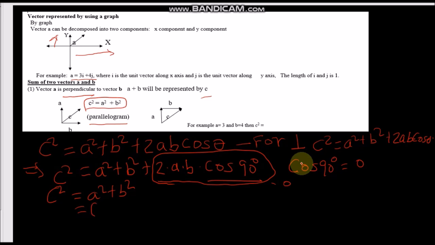A, 3 the whole square, plus the value of B, 4 the whole square, which is equal to 9 plus 16, which is equal to 25. Then the value of C is equal to the square root of 25, which is equal to 5.